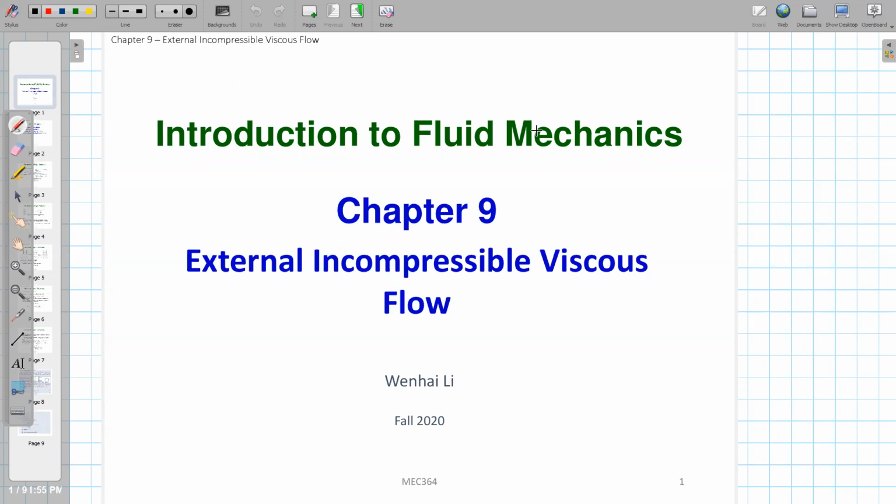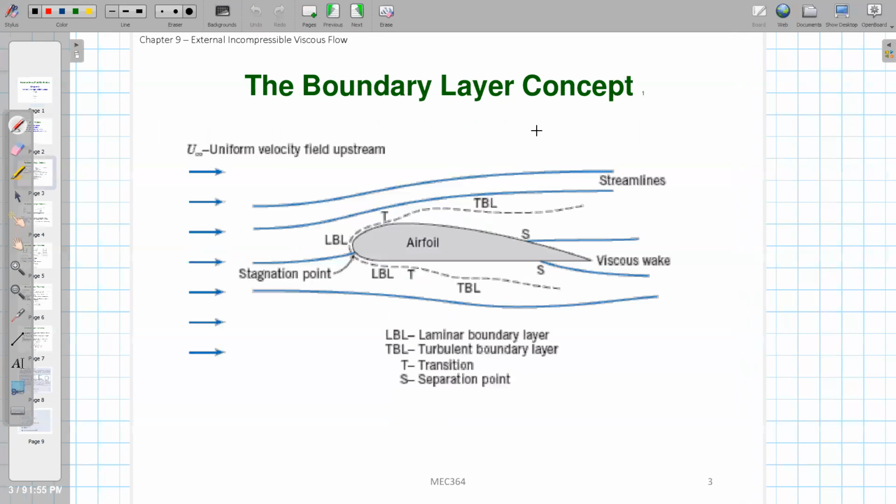So for external viscous flow, what does it look like? This is a flow over an airfoil. Let's assume that the Mach number is small, smaller than 0.3, so the flow is still incompressible and density is constant, because we're only focusing on incompressible flow.